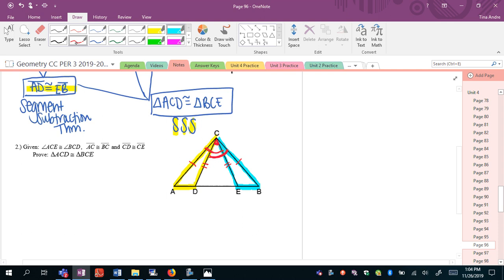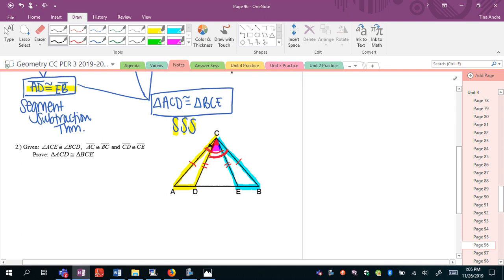So again, I have two sides given to me, so I'm thinking about my methods with two S's, SSS and SAS. This one, I know nothing about these sides down here. There's nothing given to me, but I do know something about these angles. If you think about this shared angle, if we were to take away this angle from both this big angle and this big angle, if we were to subtract that common angle, you would be left with this piece right here.